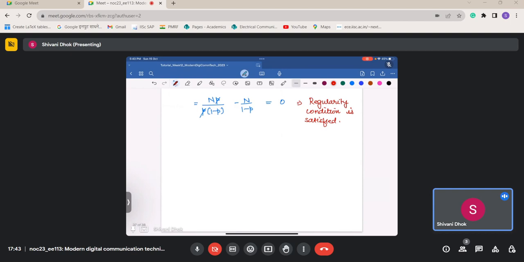So if that is true, then we need to go for step 2. And in step 2, what do we need to do? We need to find I of P, which is expectation of del by del P, or sorry, rather second derivative of the log likelihood function.